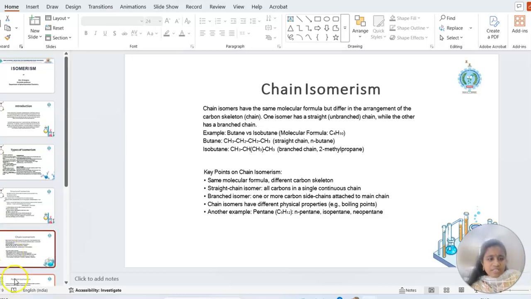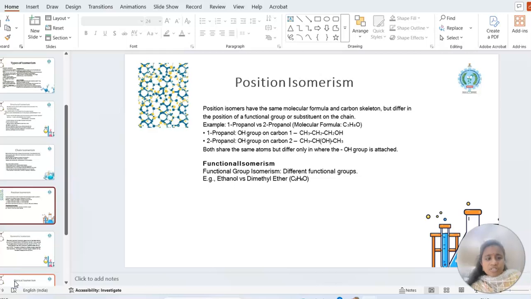These are also called straight chain isomers. Next, positional isomers have the same molecular formula but a difference in the position of the functional group.